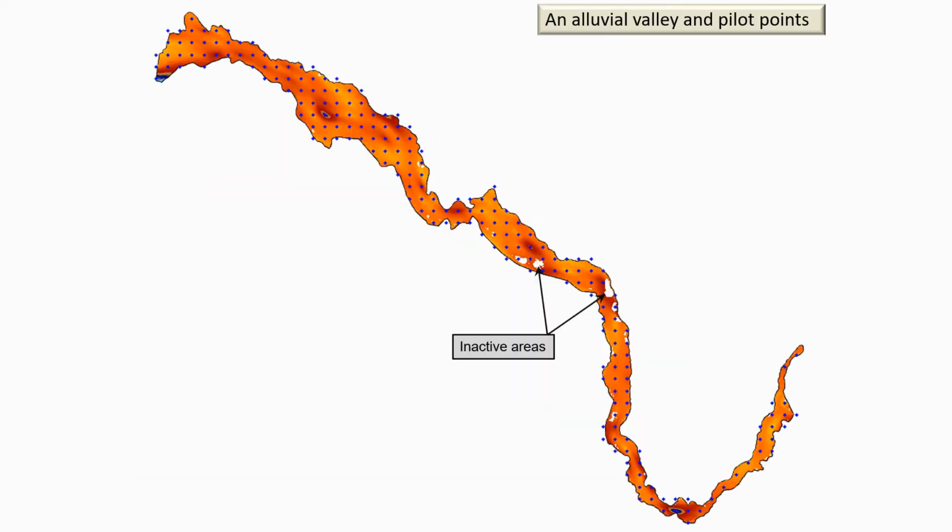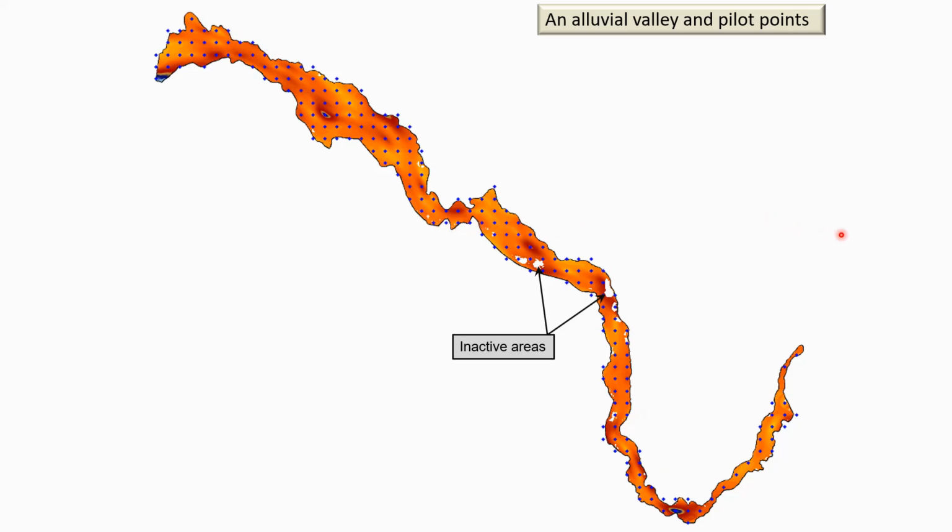So here, for example, we use a regular array of pilot points, but sticking close to the valley. This particular function in PLPROC allows, as I just said, the anisotropy associated with the interpolation to follow the valley.